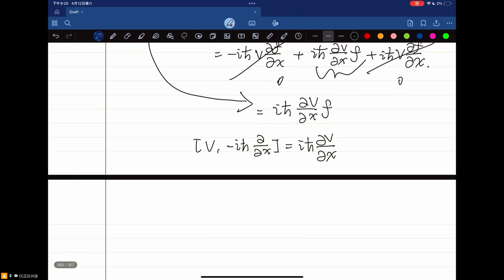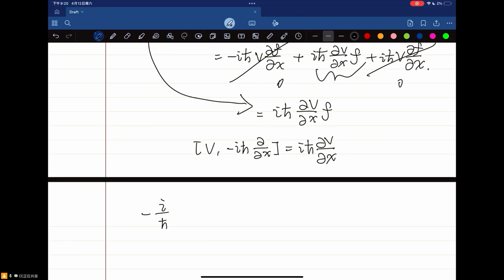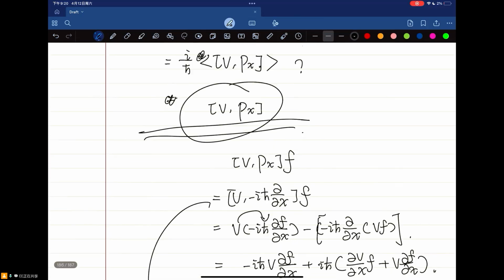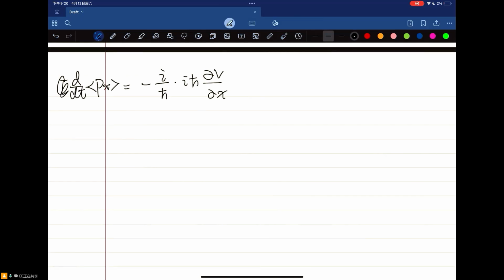So it is equal to negative i h bar times i h bar del V del x. And the left side is d/dt of the expectation of px. Okay, this is x. So the result would be, so there should be one negative here, so the result should be negative. I don't know why it's not negative.